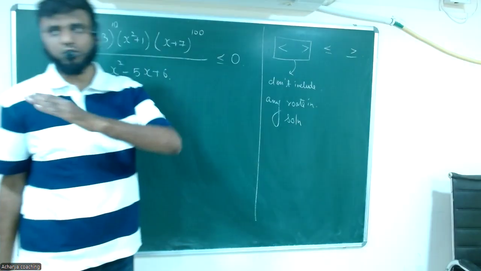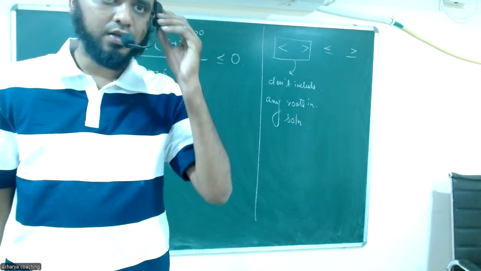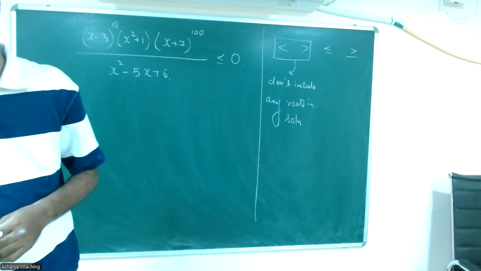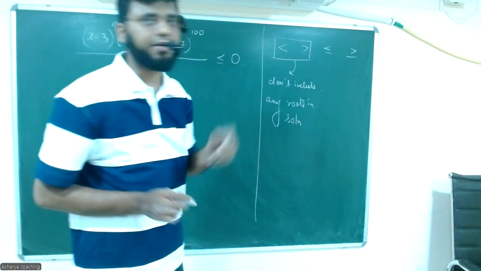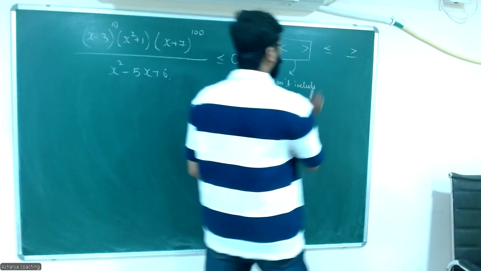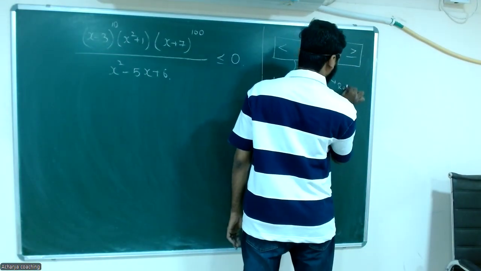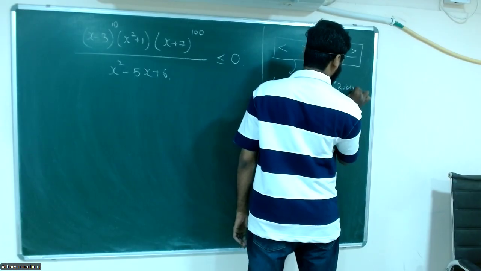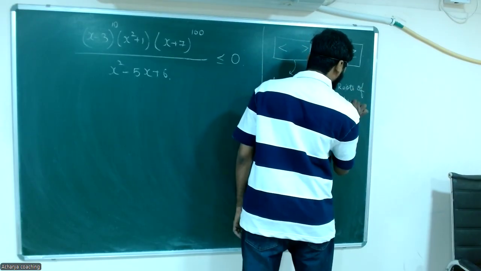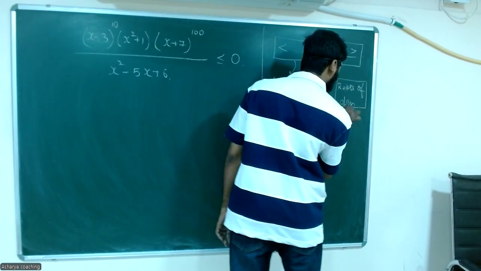The roots of the numerator we also have to exclude, and the roots of the denominator also we have to exclude, when it is less than or greater than. For less than or equal to and greater than or equal to, the roots of the denominator we have to exclude.